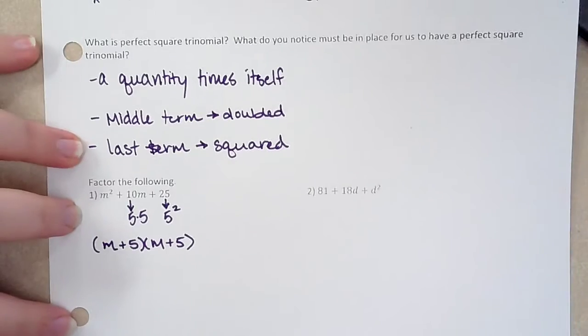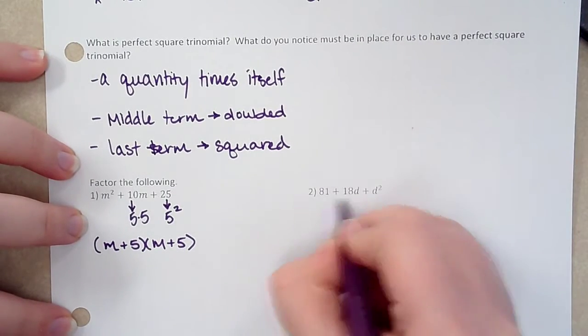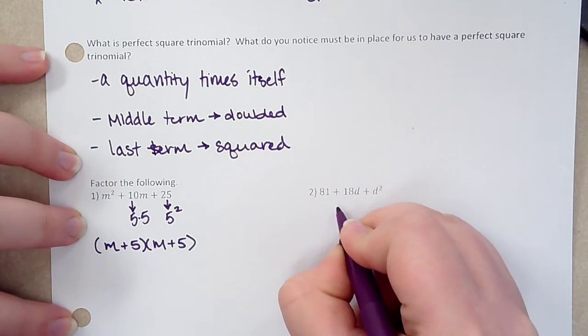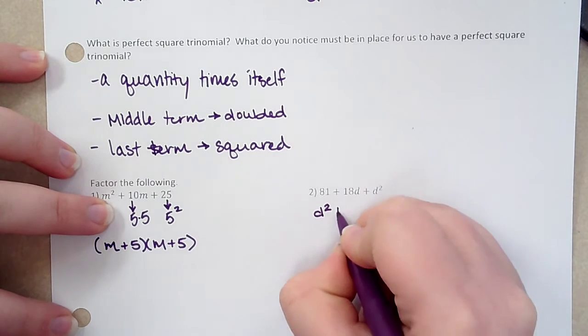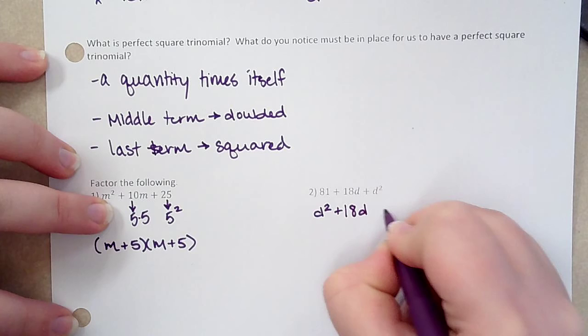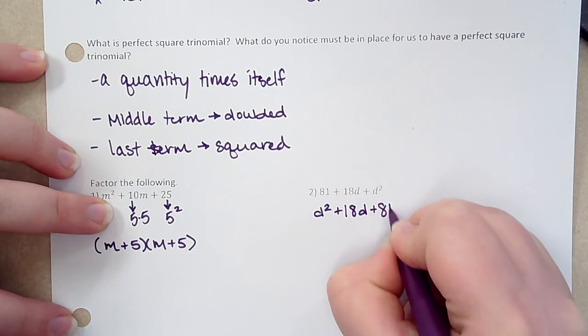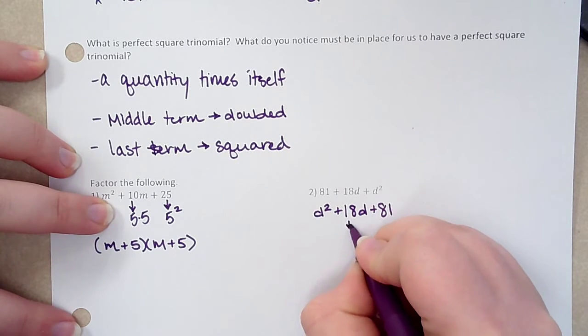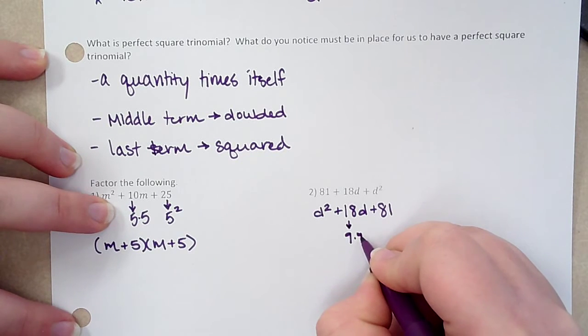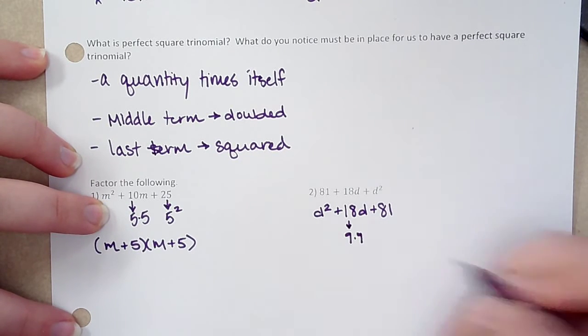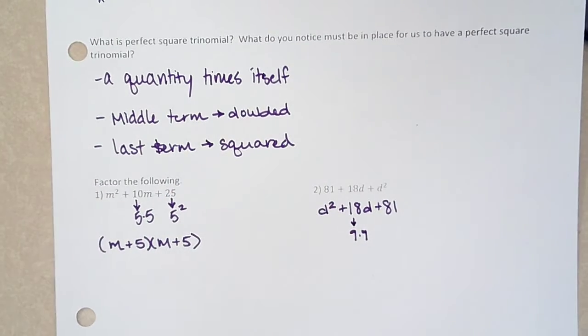The second one looks a little bit harder because it's in the wrong order. However, it still follows all the rules. Personally, I'm going to rewrite it so that it's in standard form, because this allows me to see that 18 is 9 doubled. My apologies.